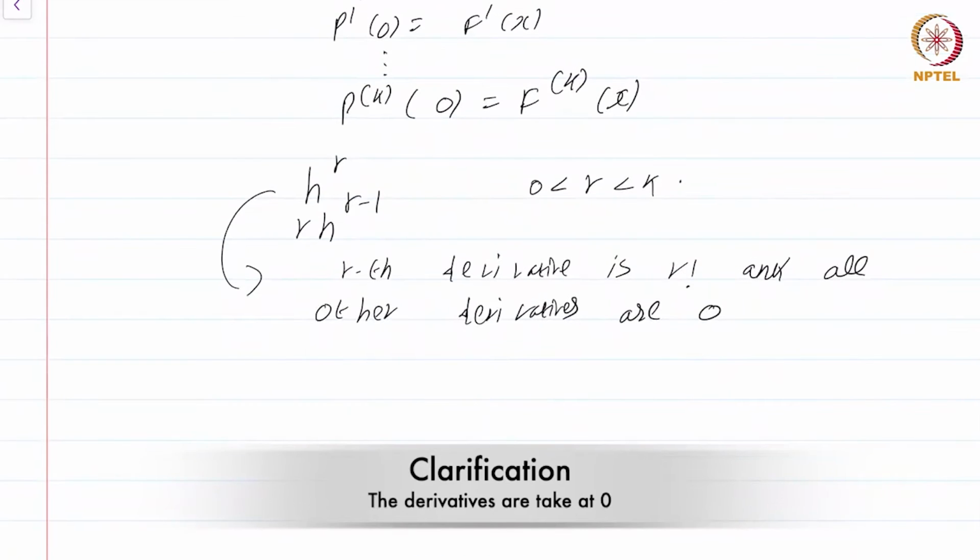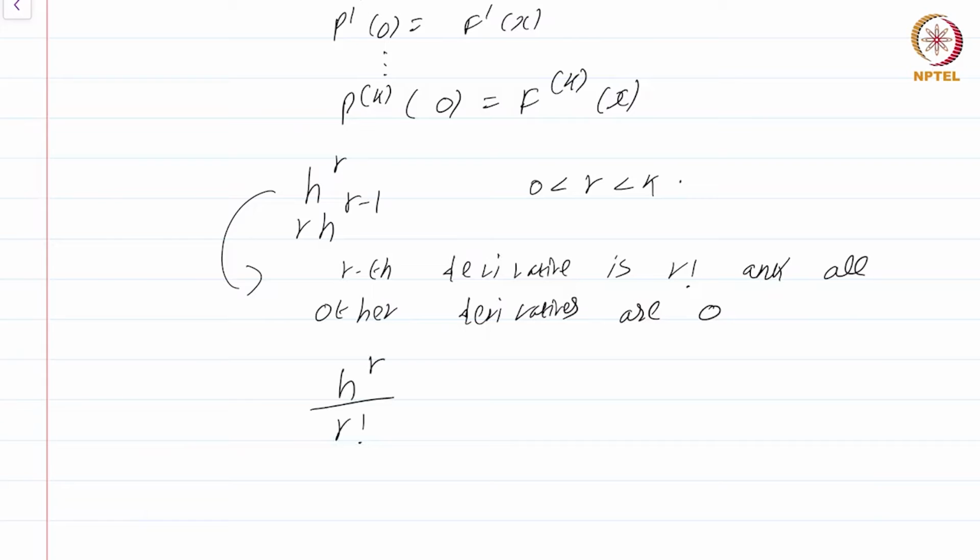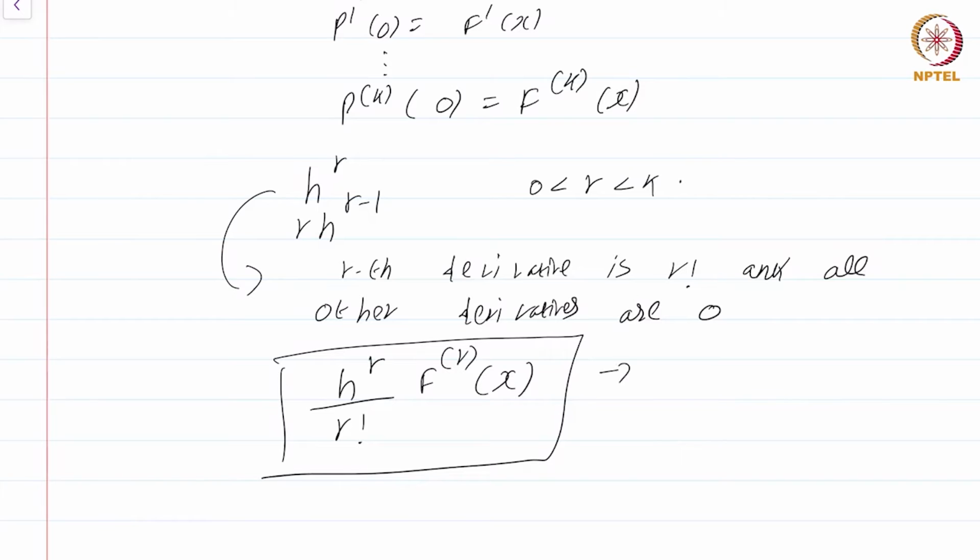So, if you consider h to the r by r factorial times the rth derivative of f at x, if you look at this term, differentiate r times, we get well, the rth derivative of f at x, right? Because the rth derivative of h to the r would be nothing but r factorial, which will get cancelled with the r factorial in the denominator, and you are left with the rth derivative of f at x.